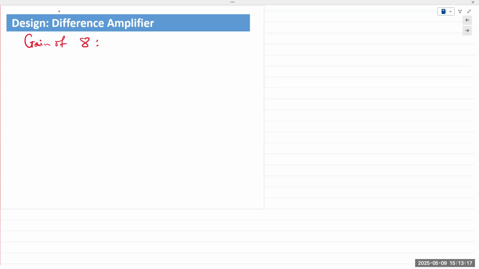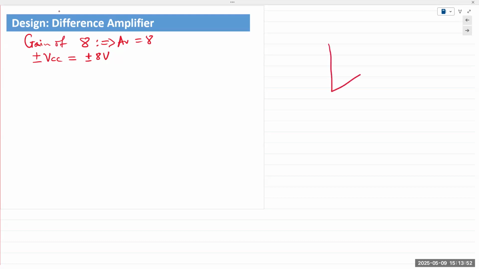Now, ideal amplifier, and that means AV is 8, and our supplies plus minus VCC is equal to plus minus 8 volts. A difference amplifier, as the name suggests, is amplifying the difference between the two input signals, VA and VB, or V1 and V2. Doesn't really matter what you want to use.